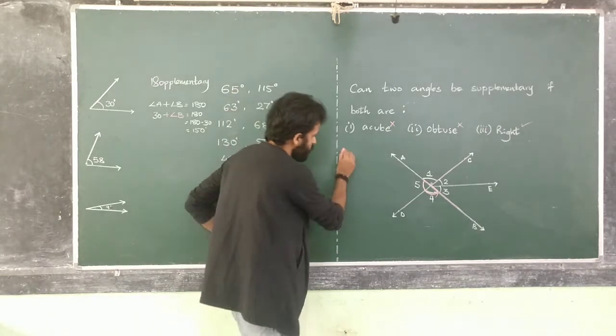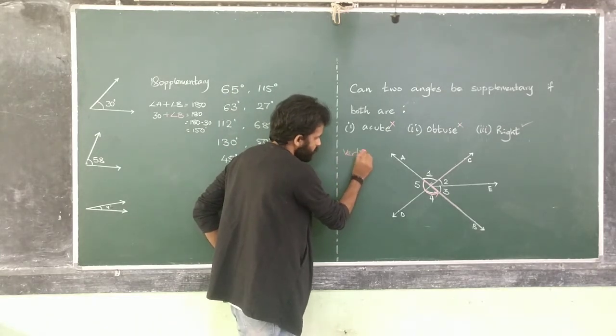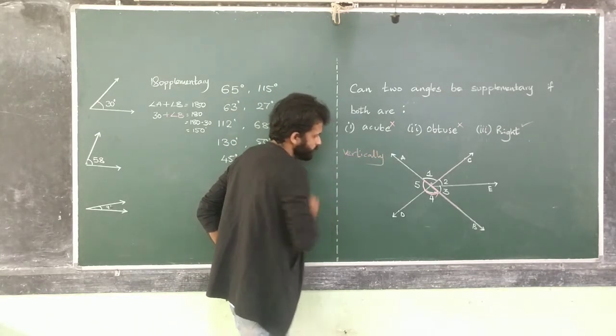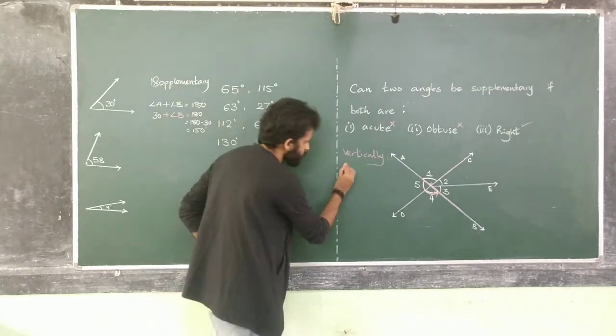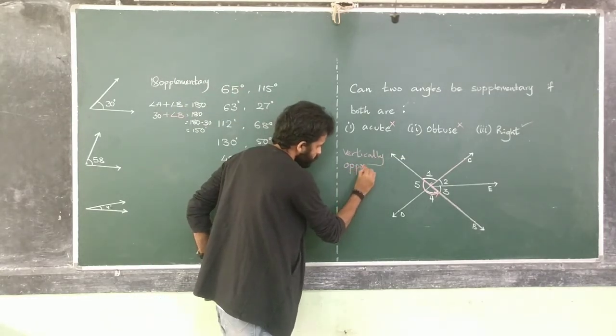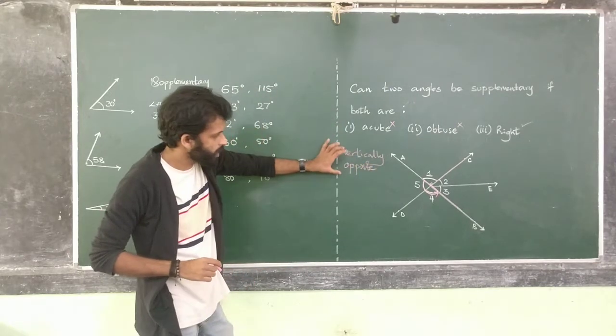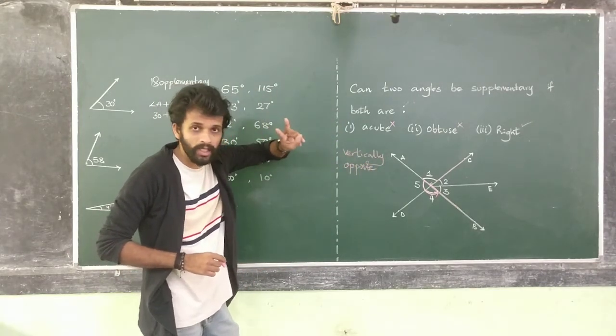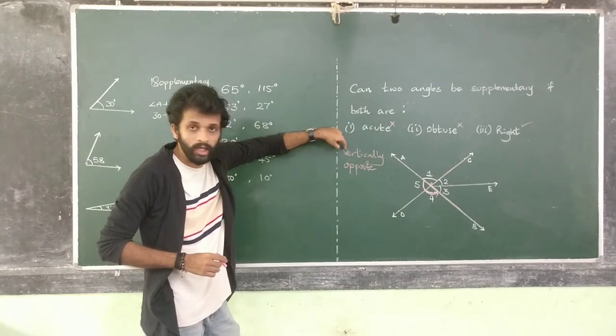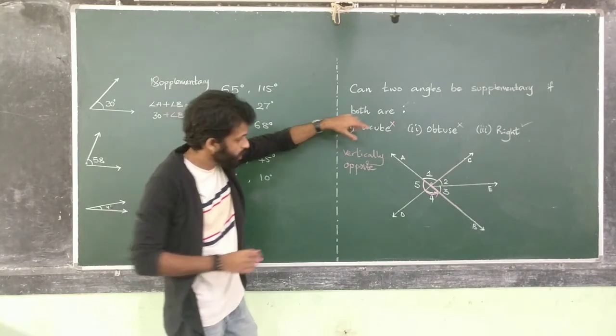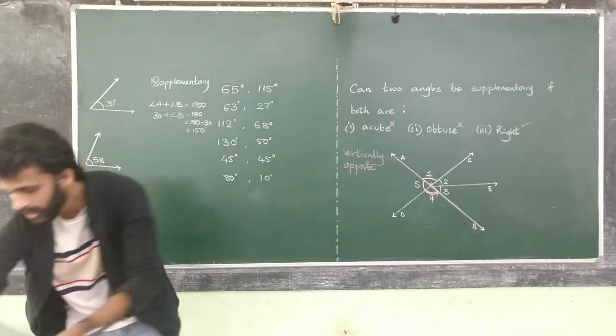Vertically, right? Starts with a V. Vertically opposite angle. That means two angles which are vertical. Vertical means V, right? So, are there any angles like that?